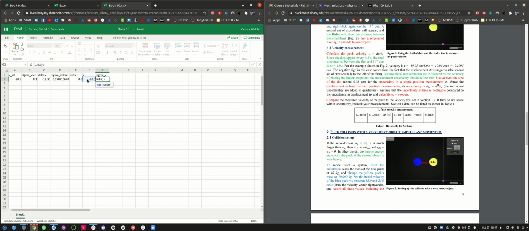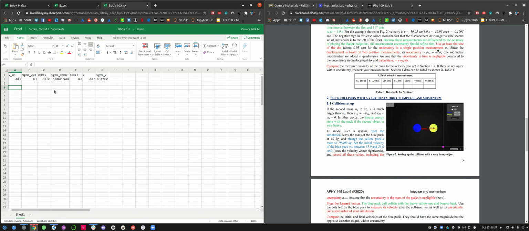So it's going to be the absolute value of v times sigma delta x divided by delta x. And that's my uncertainty in the velocity. And so you can see this value plus or minus this captures this value. So everything works out nicely. So that was just a test to kind of calibrate the system. Now we're actually going to collide the pucks together.